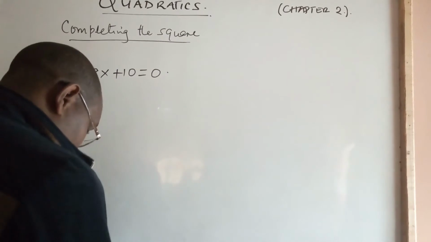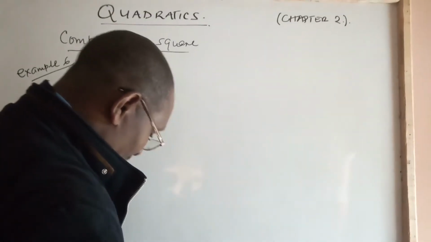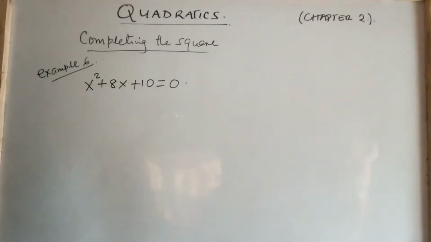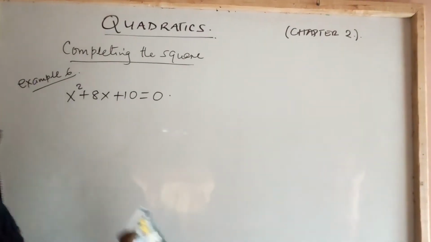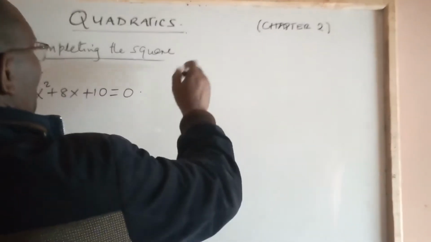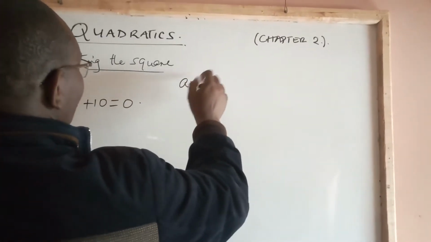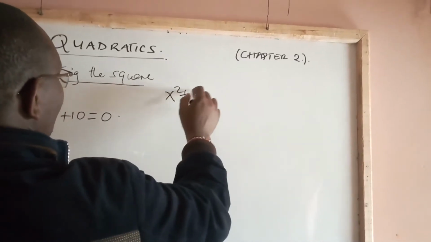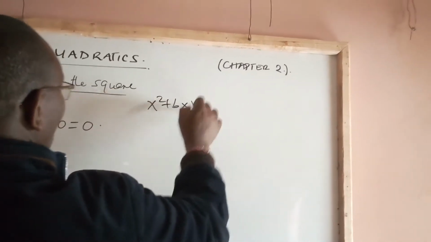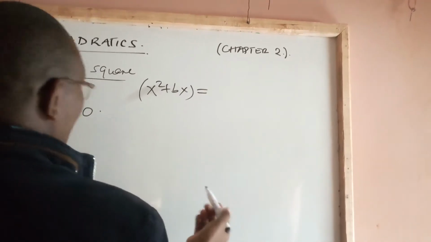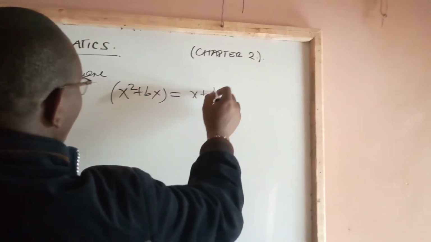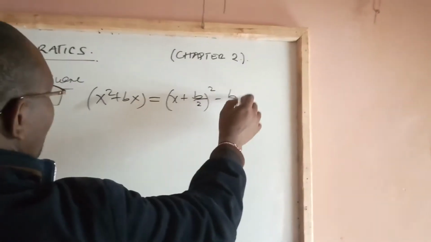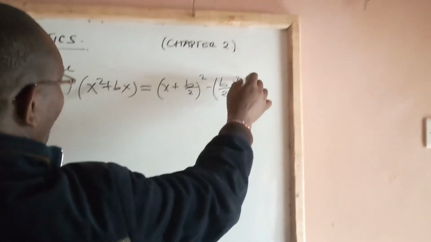And because we are expected to give our answer in surd form, we know very well that for x squared plus bx, if you want to complete the square, generally you're going to have x plus b over 2 squared minus b over 2 squared.